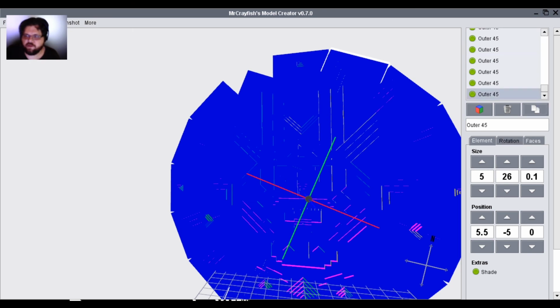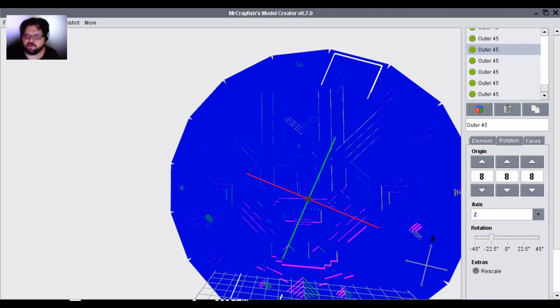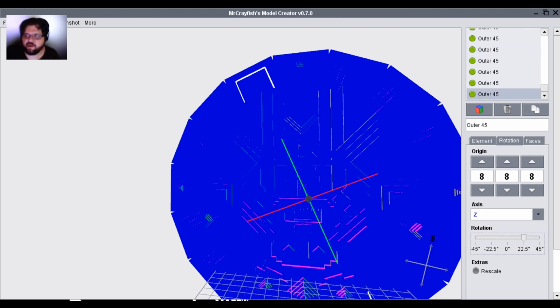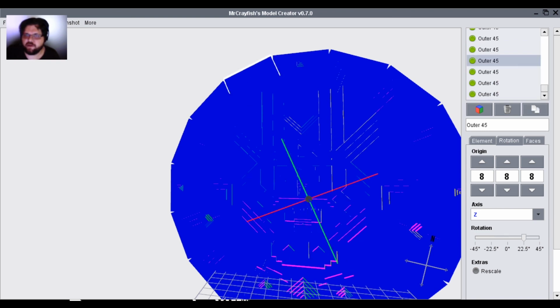Let's duplicate you. Let's rotate you the other way. Let's duplicate you. Let's rotate you the other way. Duplicate you. Rotate the other way. You the other way.